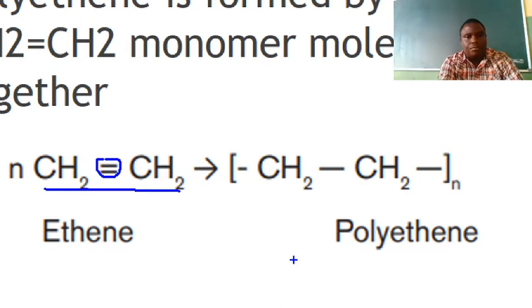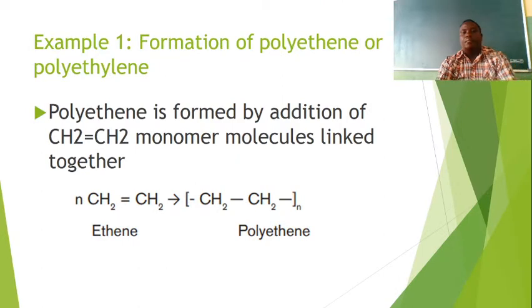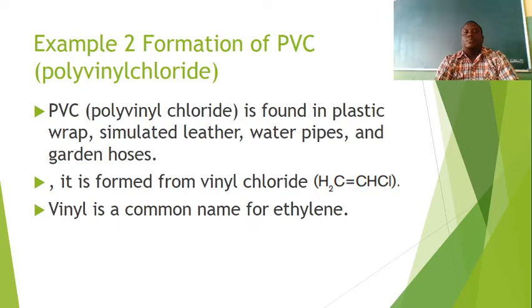So now let us continue with other examples. The second example is the formation of PVC, polyvinyl chloride. Polyvinyl chloride is also found in plastic labs. All plastic labs are made of polyvinyl chloride. It simulates leather.